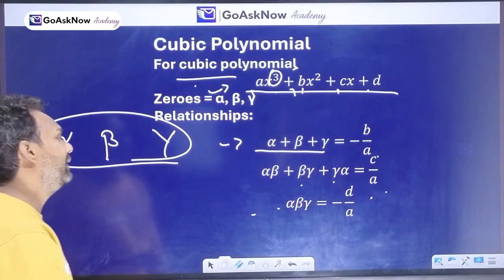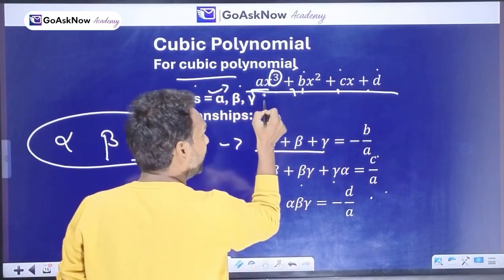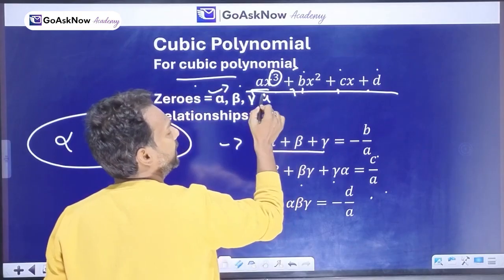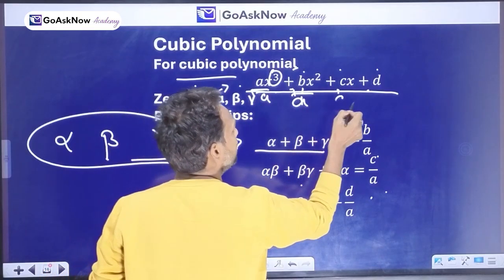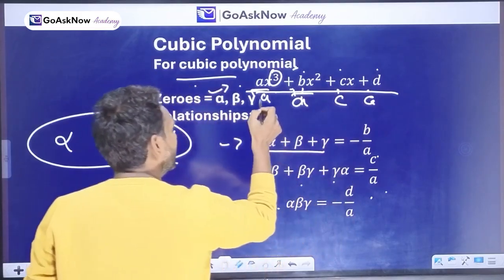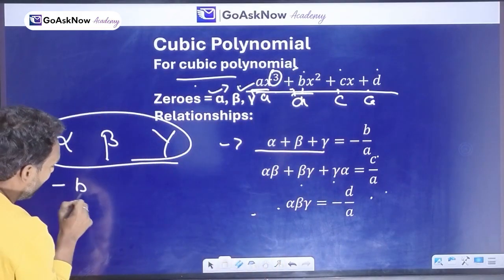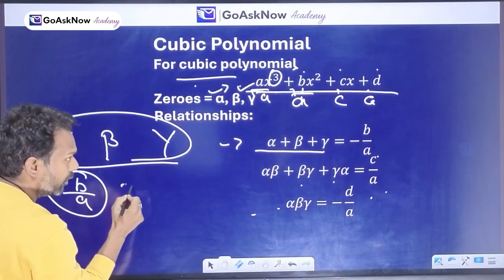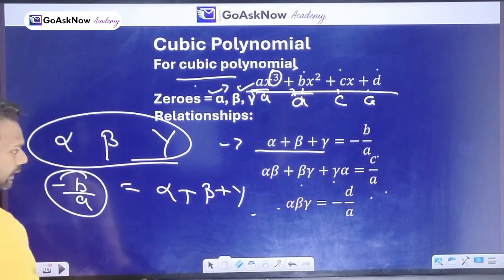Okay. Always remember a, b, c, d, and when this whole equation is divided by a, we get a by a, b by a, c by a and d by a. We just leave it and we take minus b by a. This is the sum of roots alpha plus beta plus gamma, taken one at a time.